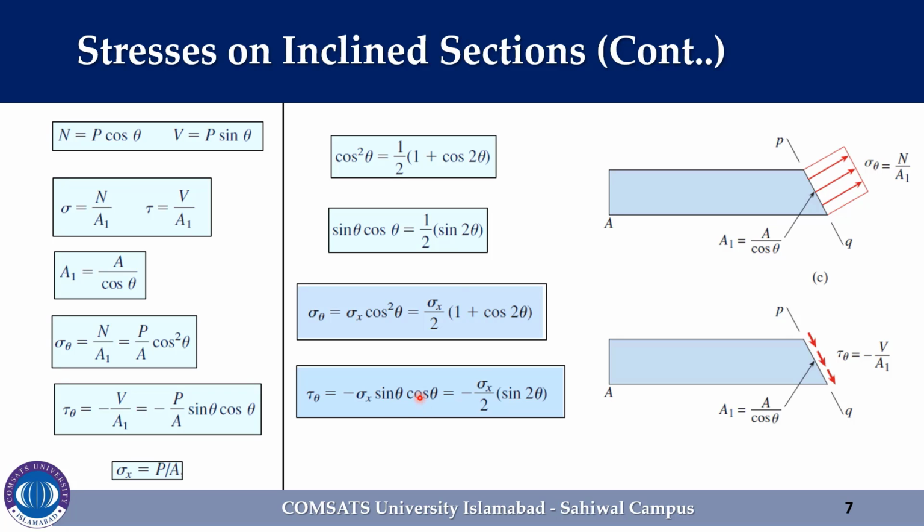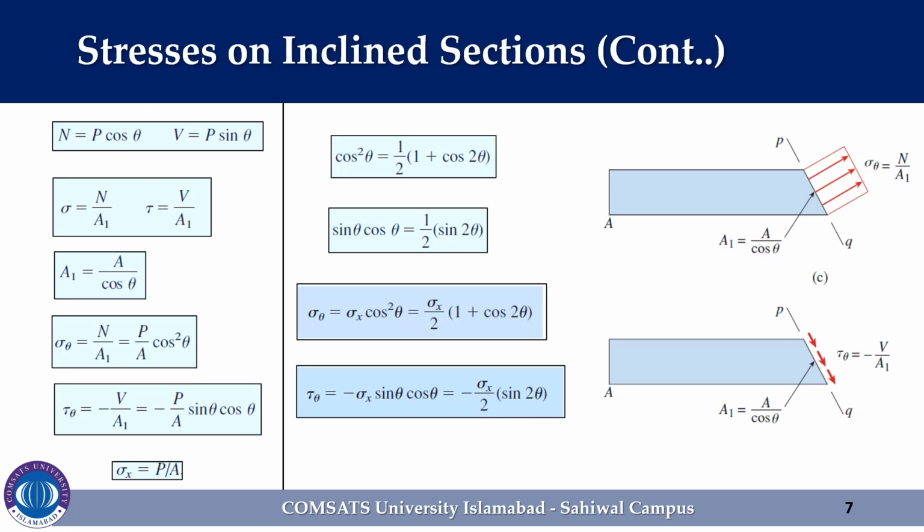After introducing the trigonometric relations, the equations can be expressed as follows. For the normal stress on the inclined plane, the equation is sigma x over 2 times 1 plus cos 2 theta. I want to repeat that sigma x is actually the normal stress on a cross section. In the same way, for shear stress, the expression is sigma x over 2 sin 2 theta.